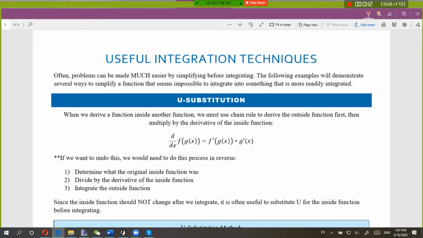That does mean that we need to know what the original inside function was first. So if I did that, u is equal to g of x, therefore u prime is g prime x, which would leave me with f prime of u is my derivative of the original function.